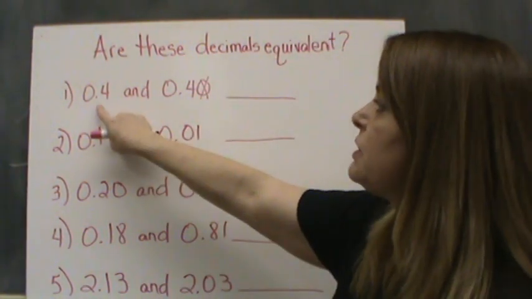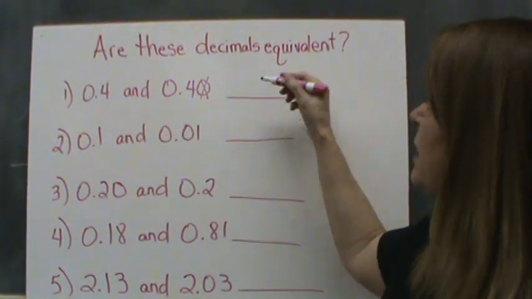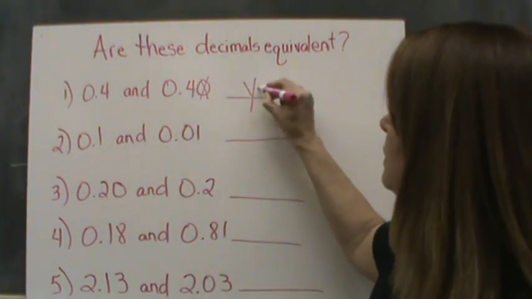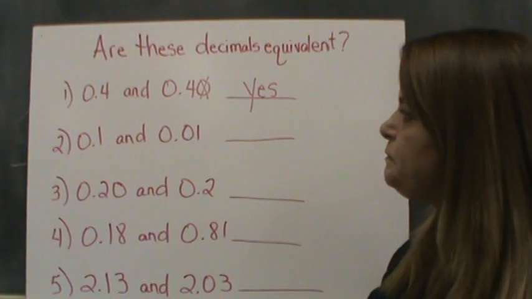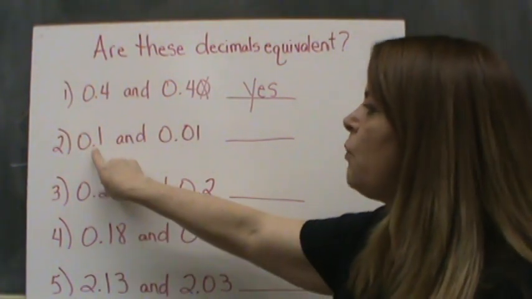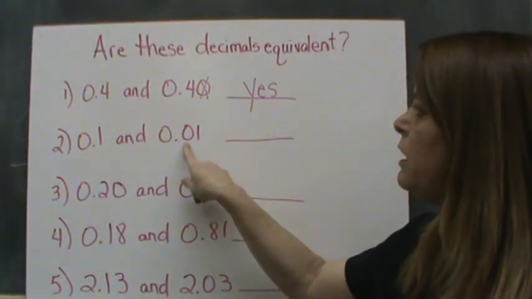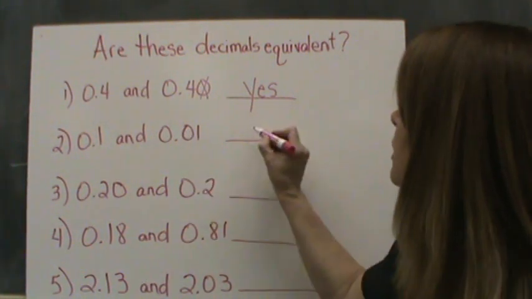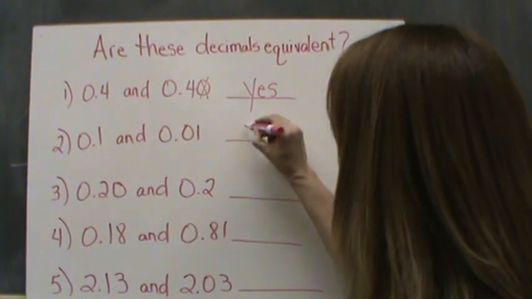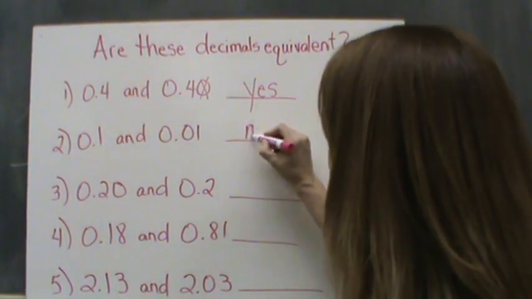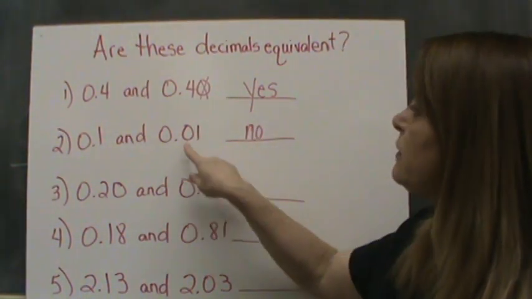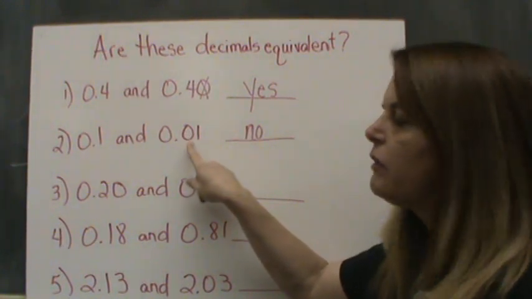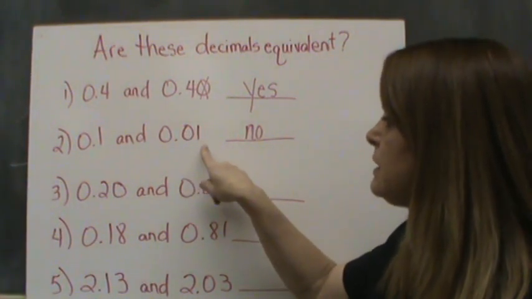So are these equivalent? Yes, these are. How about 1/10 and 1/100th? Are these equivalent? No. Don't let the zeros trick you. This zero is in front of the number, not behind it.